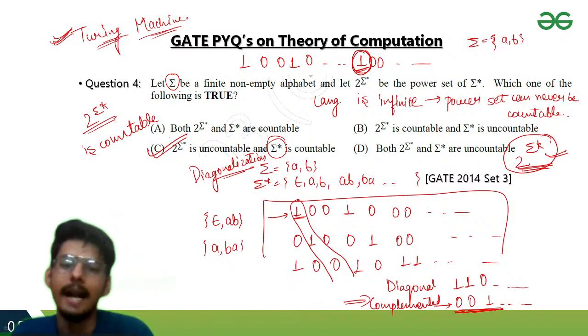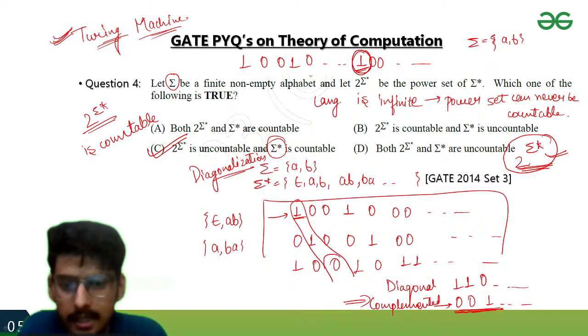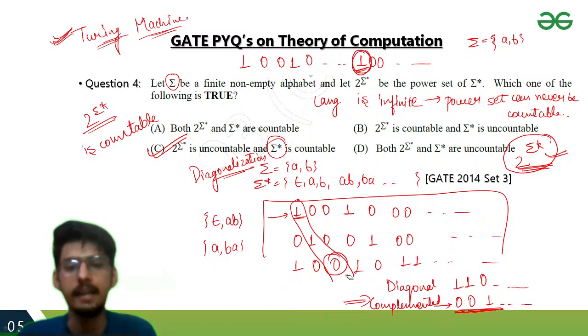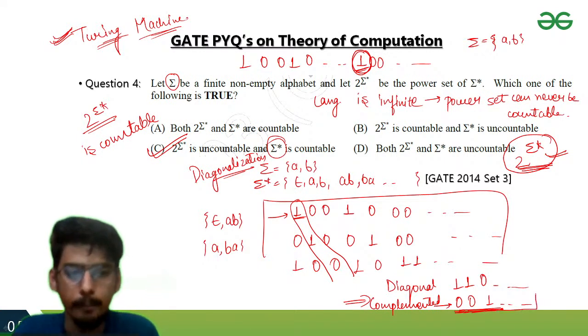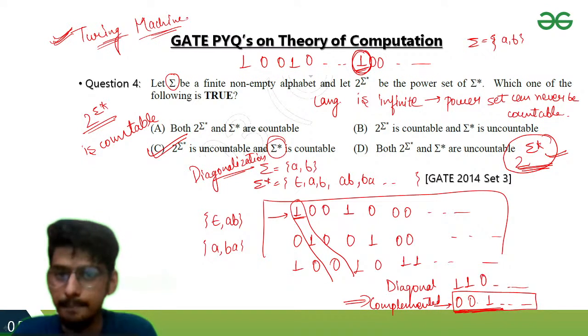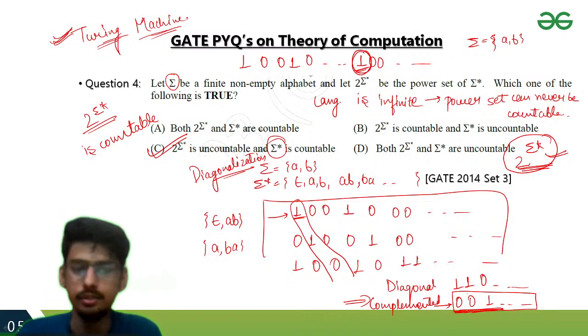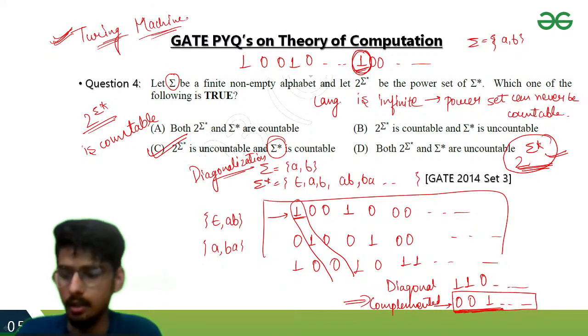Let me explain it once again. You got this complemented string, right? I'm trying to prove that it is not going to be present in the table. Why?